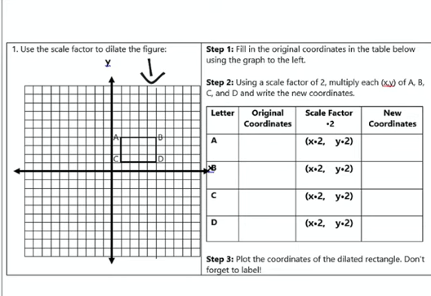So the original coordinates for A, we're moving over 1 and up 4, and it's all in the first quadrant. So remember, anything in the first quadrant is going to be positive. Okay, and then let's see B. B moves over 1, 2, 3, 4, 5, over 5, and also up 4 since it's right across from A. C, that point is just 1, 1.